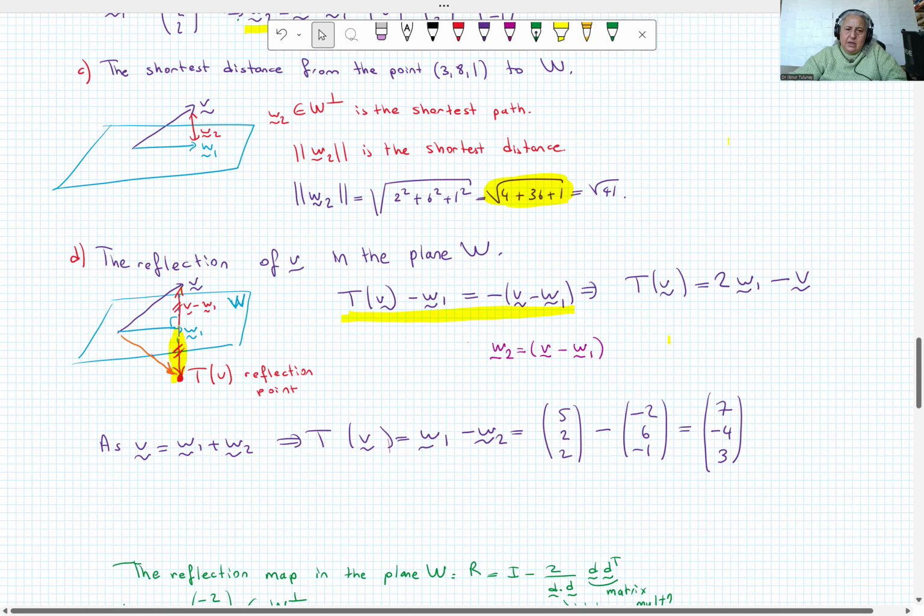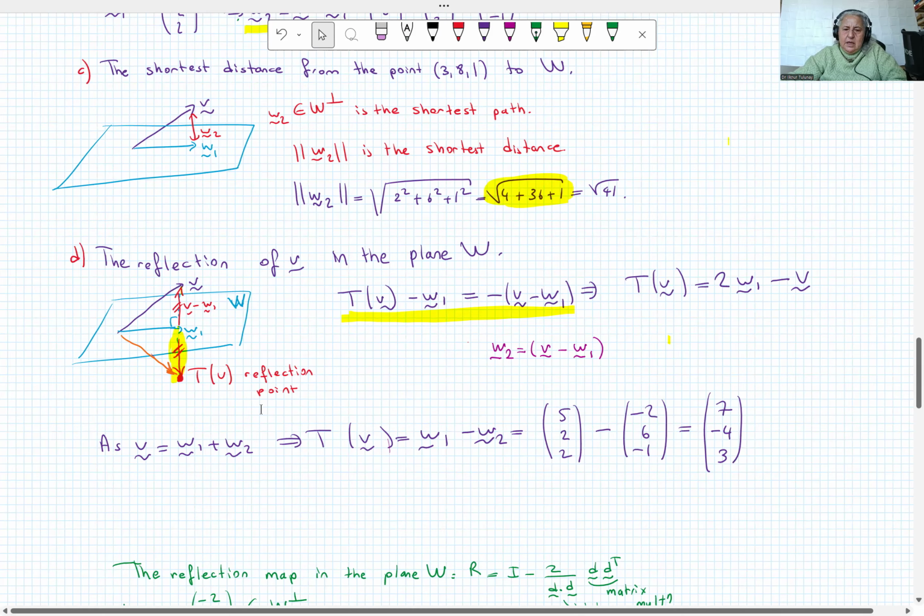because TV minus W1 will give me this distance, the yellow one here, and that will be equal to W2, which is really the negative of V minus W1. So that's the equation. Or you can directly write it down that way, because from here you will be able to get this.